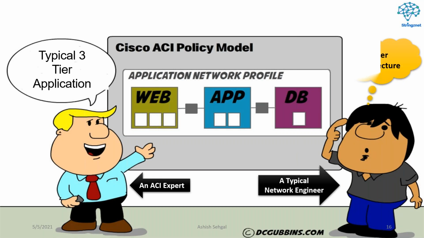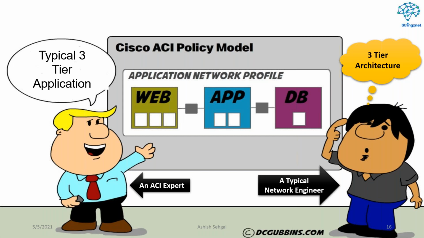Guys, if you take a look over here, the gentleman on the left-hand side is an ACI expert, and the gentleman on the right-hand side is a typical network engineer. The gentleman on the left says, I understand ACI as a 3-tier application model. When we as typical network engineers hear the term 3-tier, we say, oh, he's talking about a 3-tier architecture. But guys, ACI is not a 3-tier architecture, that is core, distribution, and access layer. No.